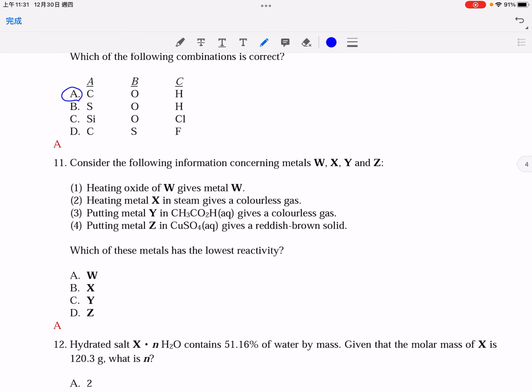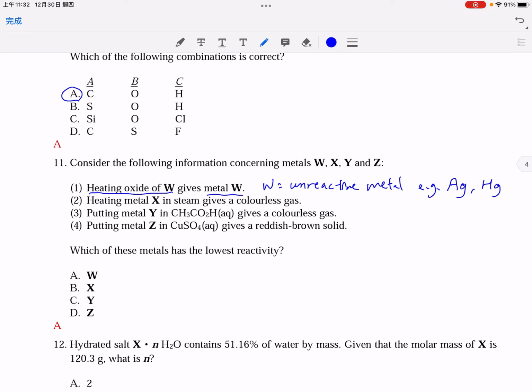Question number 11. From these 4 statements, okay? Statement 1 first, heating oxide of W gives metal W. It is obvious that W is an unreactive metal, probably silver or mercury.